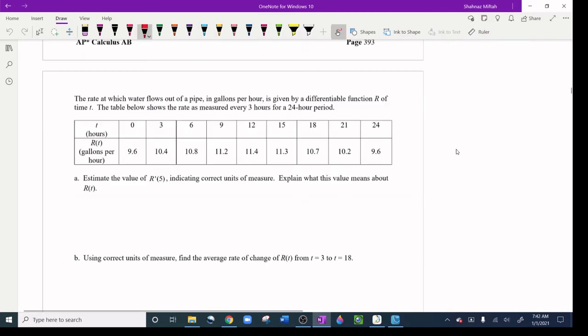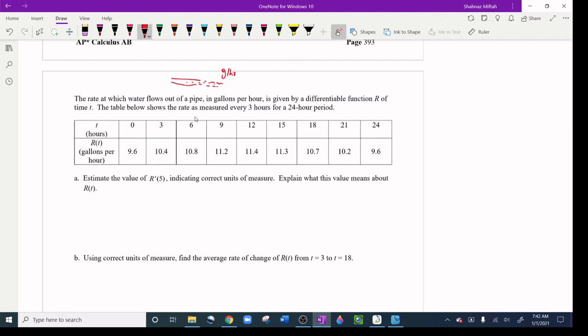Okay, let's try. For this question, the rate at which water flows out of a pipe, so I usually make a diagram for this. Sometimes it helps. The rate at which water flows out of the pipe, so that's a pipe and water is flowing out of the pipe in gallons per hour, because in these kind of questions they really want the units.